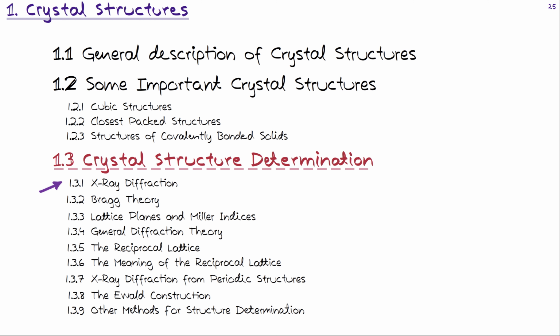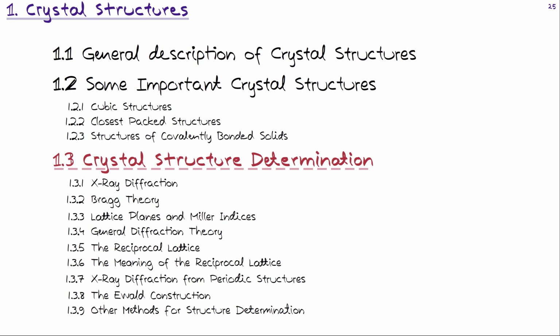lecture. So I will first cover X-ray diffraction, Bragg theory, and speak of lattice planes and Miller indices. This will outline the basics that we need to understand how we can make X-ray diffraction and what it means, and when we have diffraction peaks and what they physically mean.